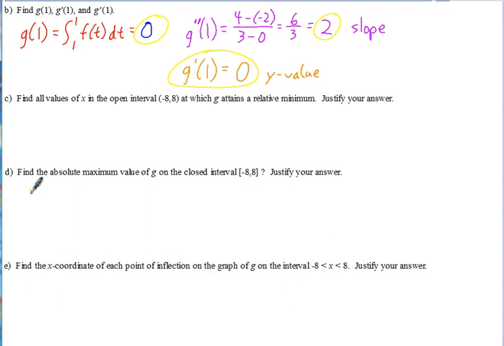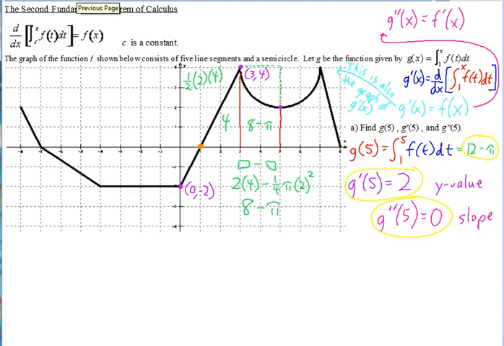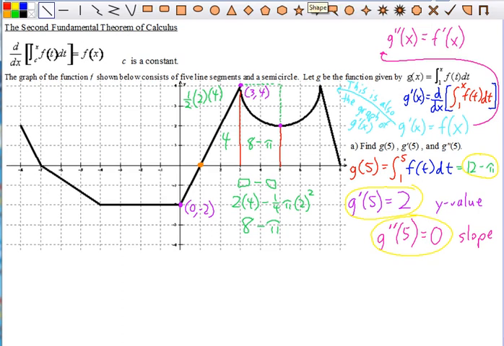Then for part C it says find all values of x in the open interval -8 to 8 at which G attains a relative minimum, and then justify your answer. The relative minimums we find by using the first derivative test. So if we go back to our graph here, we can draw a number line right underneath our graph that represents G prime of x.